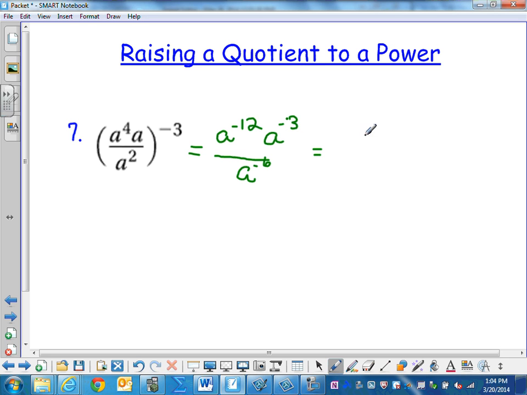So let me go ahead and combine these up here. a to the negative 15 over a to the negative 6. Now if I want to make these both positive, I can just flip them here. There are different ways I can do it, but I'm just going to go with the positive route. And then a to the 15 minus 6 is 9, and that's in the denominator. So a to the 9.